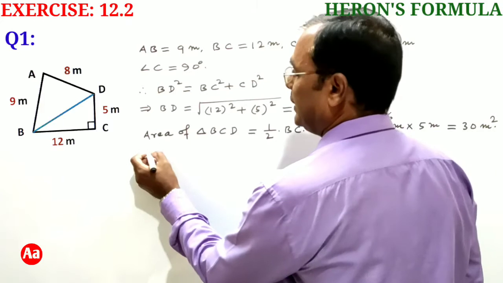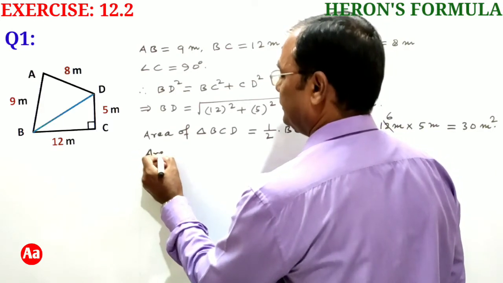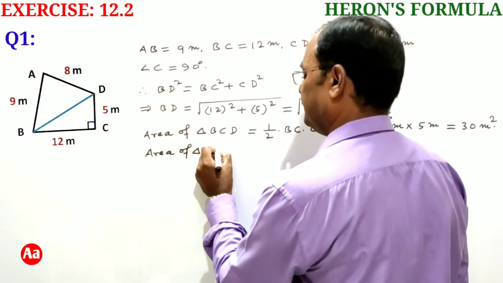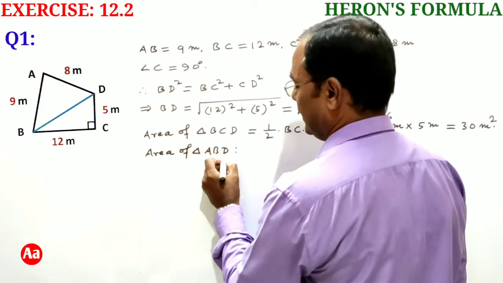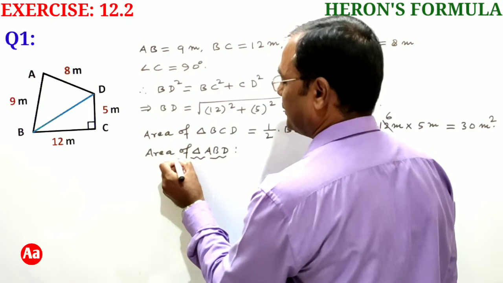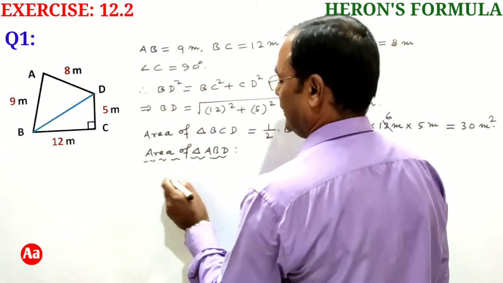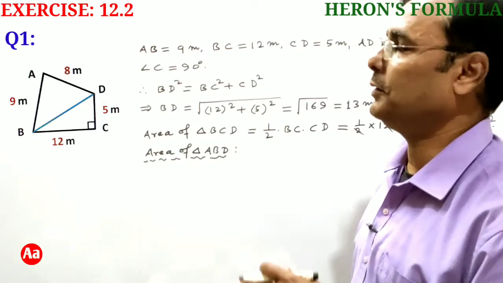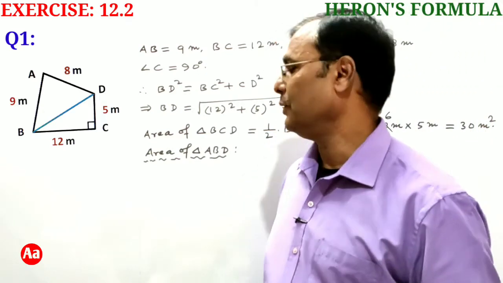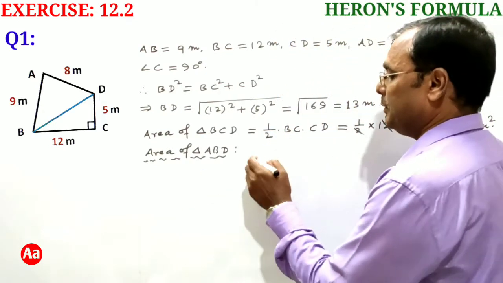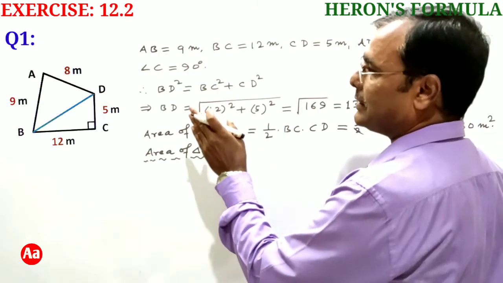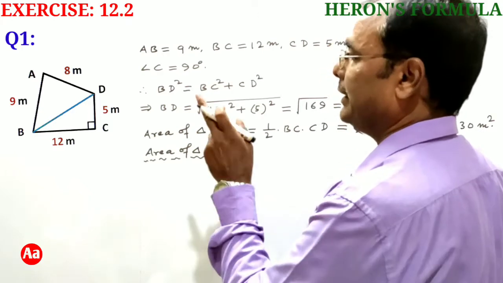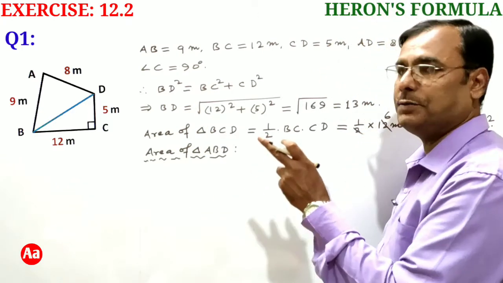So let us find the area of triangle ABD, and as we are going to apply Heron's formula for this triangular portion of the park ABD, we need the semi-perimeter S. Sides AB 9 meter, BD we have calculated 13 meter, and AD is already given 8 meter.